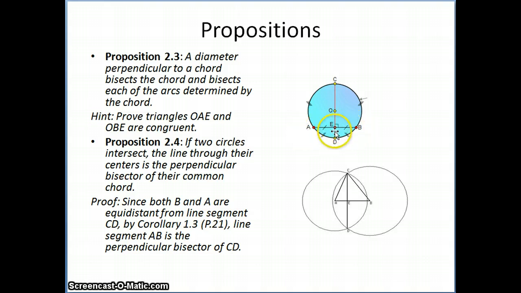Well, similarly we can prove CD also bisects the major arc ACB, because the major arc, the measure is 360 minus the minor, or actually we can just use 180, because half of the circle, semicircle, is 180 degrees, and angle AOD plus angle COA is 180.